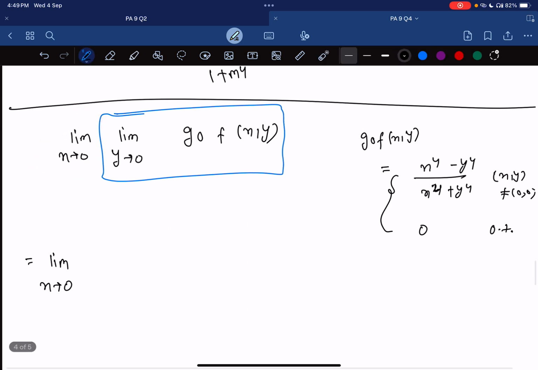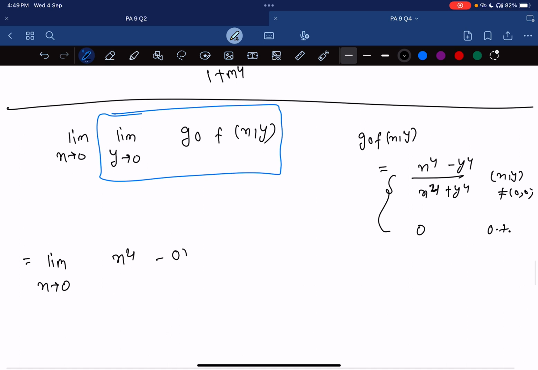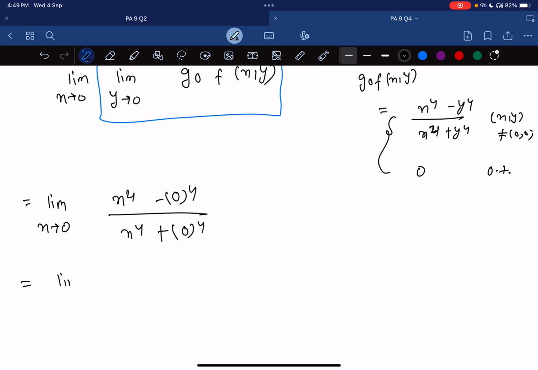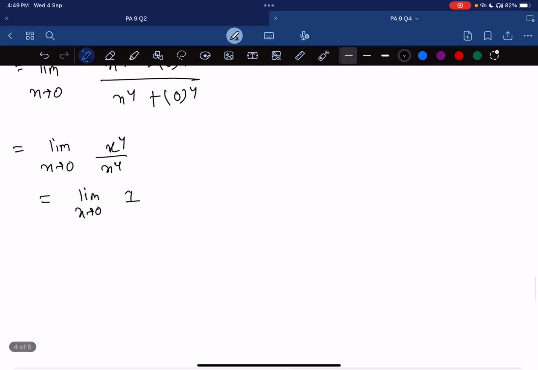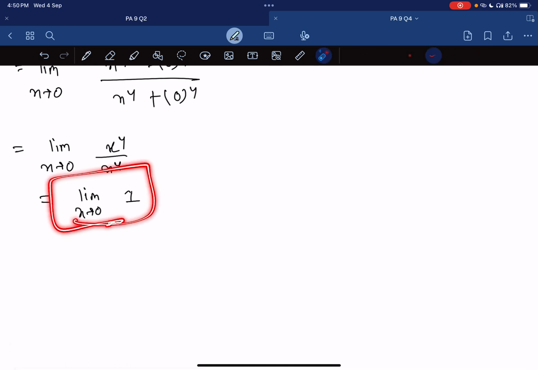For the inside, we will get 0 power 4 divided by x4 plus 0 power 4, and that we will get is x4 divided by x4, that is limit x tending to 0, 1. Now we will solve this, as now there is no x present here, so the limit would be just 1.